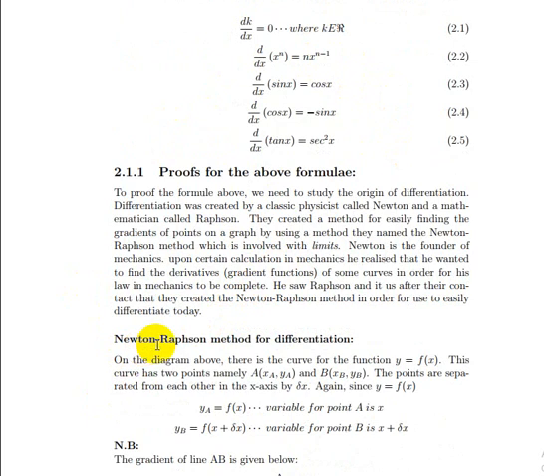At the start of differentiation, Newton was having difficulties in mechanics. We all know that Newton is the father of classical mechanics. Upon proving Newton's first law, second law, and third law, he realized that the definition of velocity states that velocity is the rate of change of displacement with respect to time.